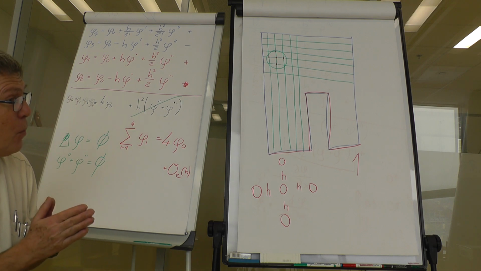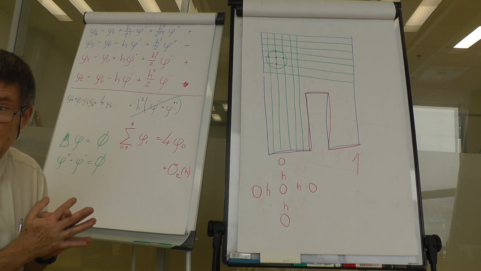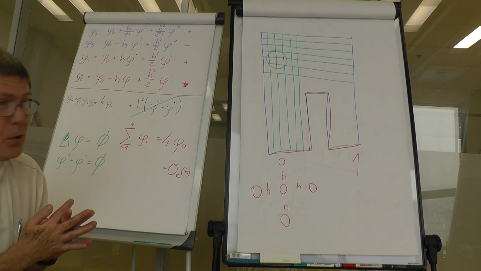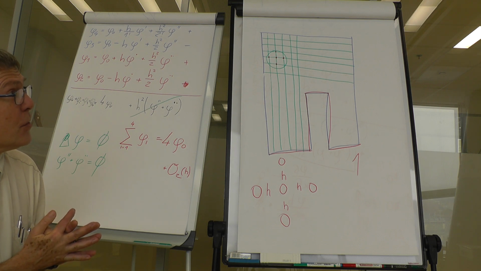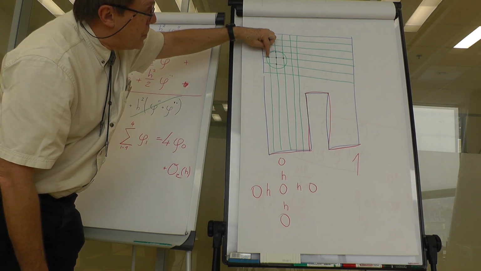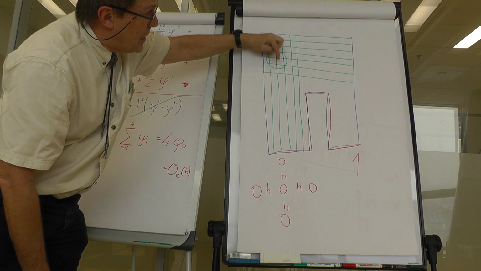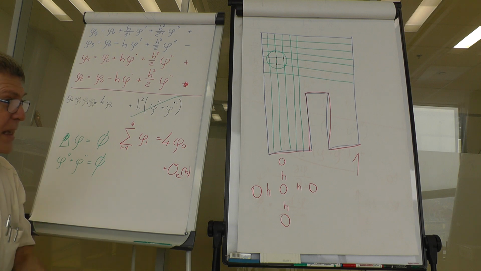But in fact, how would the matrix look? Well, first, it would be full of zeros. There would be only 4 non-zero elements in each row, because the point here generates contributions for its 4 neighbors. So it's a waste of memory to store the matrix this way.